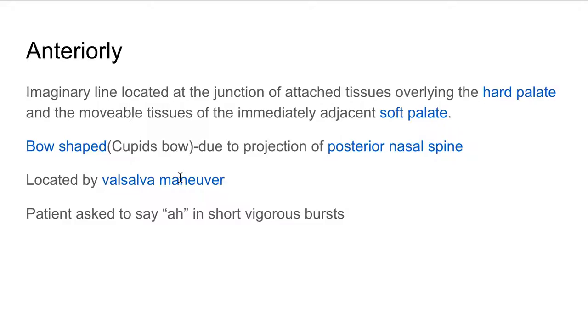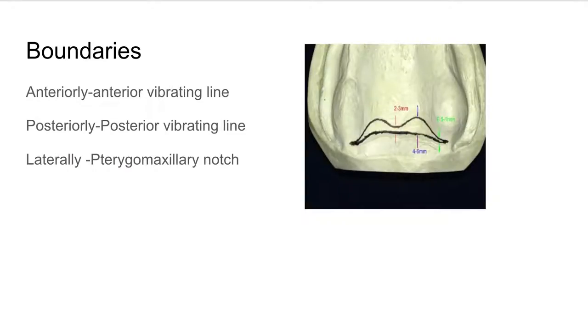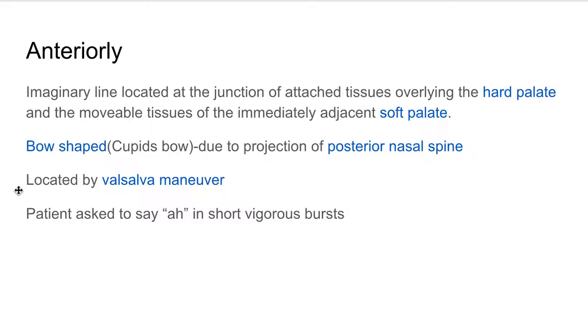So the patient is asked to say "ah" in short, vigorous bursts, and both the nostrils are held firmly, while the patient blows gently through the nose. This basically positions the soft palate downwards at its junction with the hard palate.